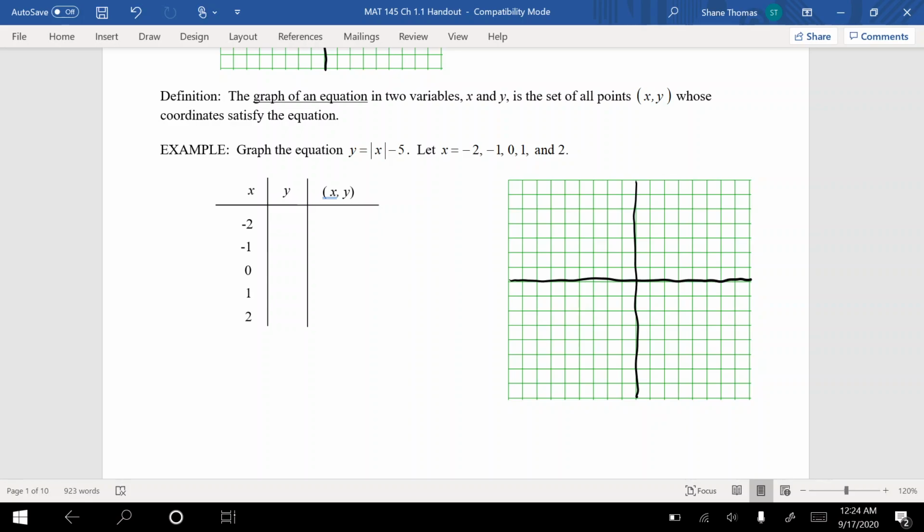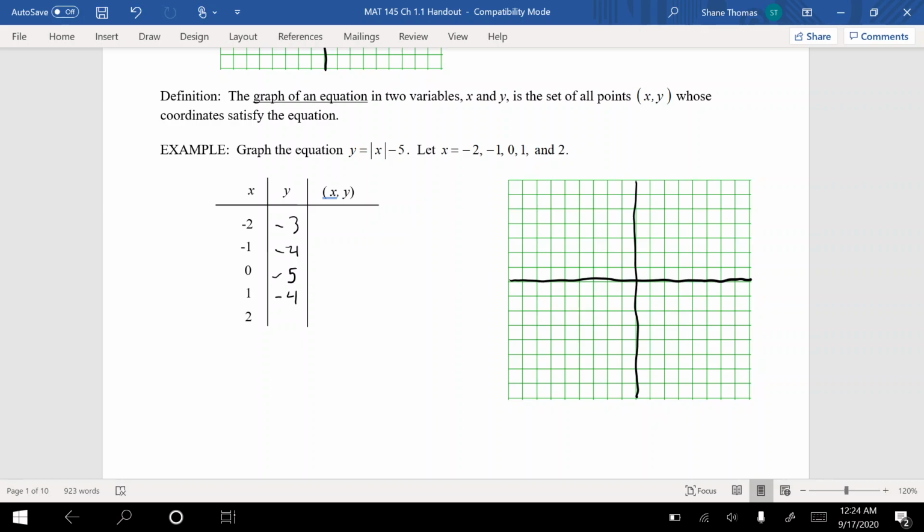So if I plug in a -2, the absolute value of -2 is 2, minus 5 is going to be -3. Absolute value of -1 is 1, minus 5 is -4. Absolute value of 0 is 0, minus 5 is -5. Absolute value of 1 is 1, minus 5 is -4.